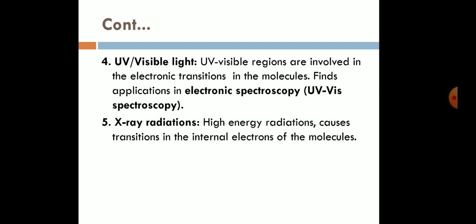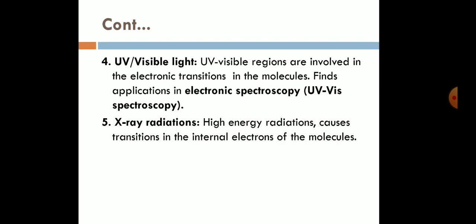The final example is given for X-ray radiation. As all of us know, X-ray radiations have very high energy. So they have the capability to cause the transitions in the internal electrons of the molecule, whereas in case of UV visible, the valence electrons were excited.